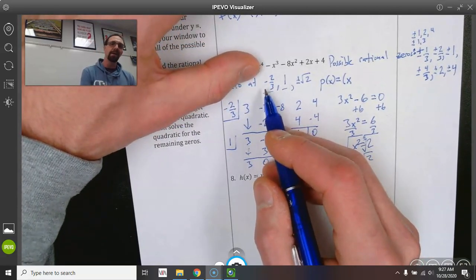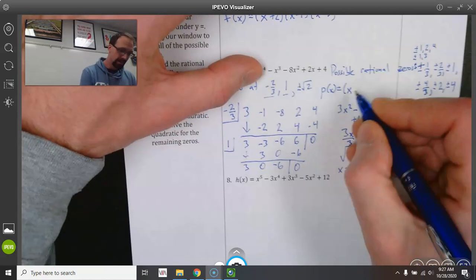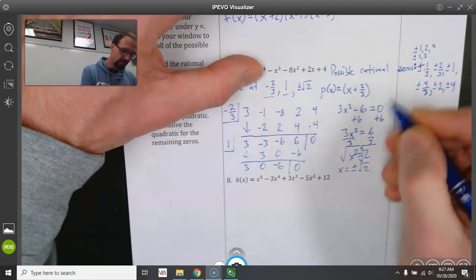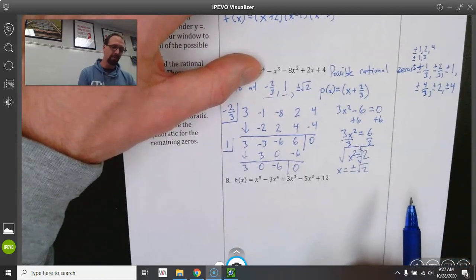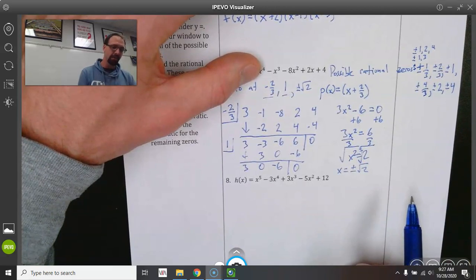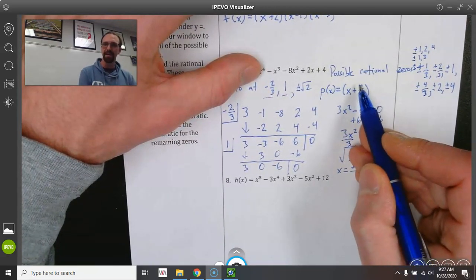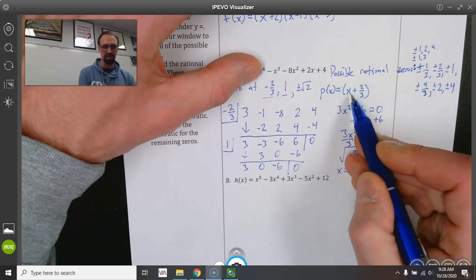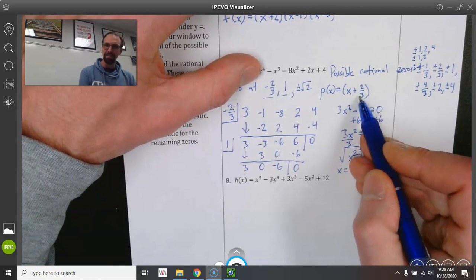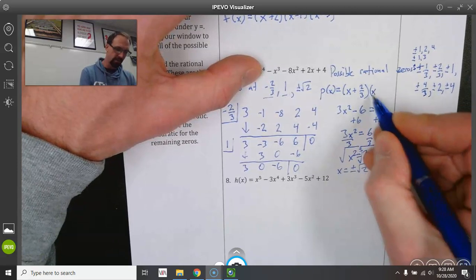Again, if I add 2/3 plus 2/3, then that negative 2/3 is canceled. A lot of times what you'll see, especially on the ACT, it'll want this as non-rational numbers. It'll want it as integers. And we'll talk about how to do that here shortly, how to convert it to integers. But let's finish this out first.